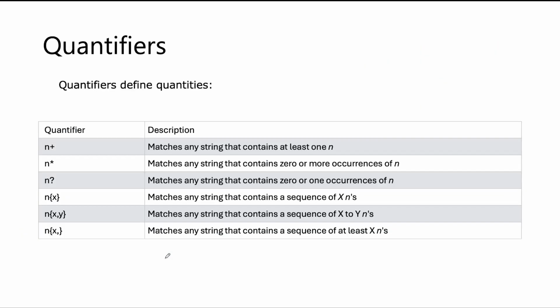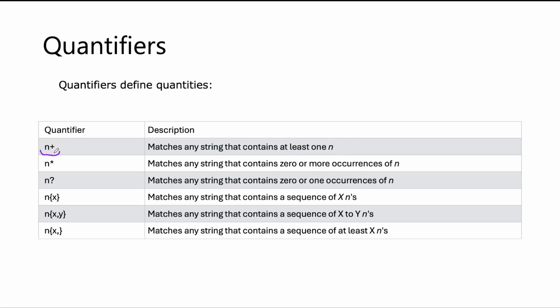Next, we have quantifiers, which define whether we can use only one occurrence, multiple, or even non-occurrence. For instance, if I use n plus, it matches any string that contains at least one n.